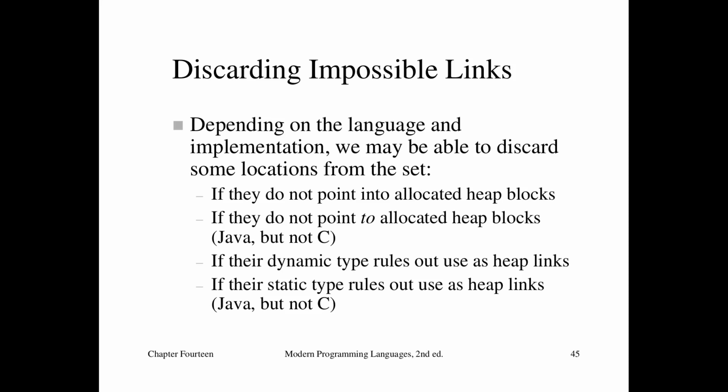If their static type rules them out as heap links, then in Java, for example, if they have a primitive type, primitives can never be allocated on the heap. They have to be allocated on the stack. So we know that if it's pointing to that, it's never going to be a link to anything in the heap.